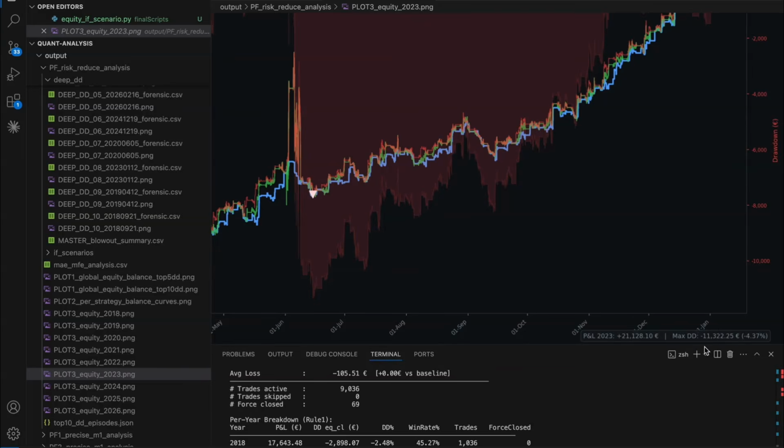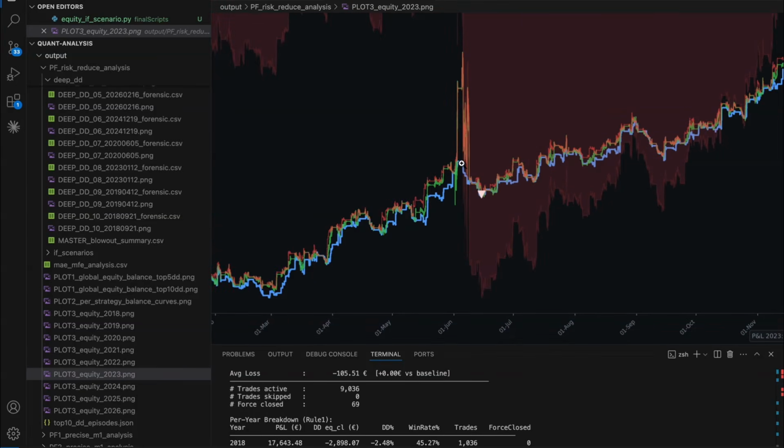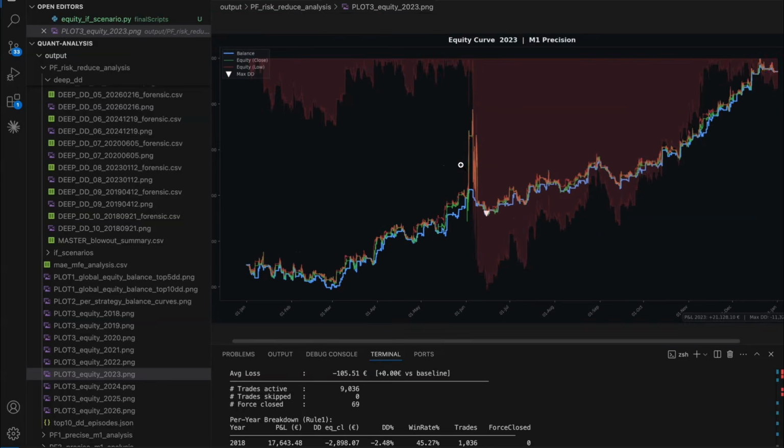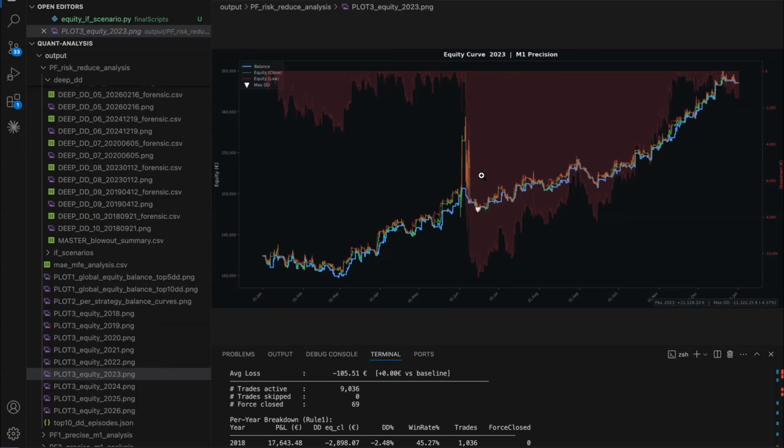Here it says 11,300, but from here to here there's another 3,000 euro loss. You just have to measure from this peak of the balance to this peak of the equity, so this is like 8,000. I measured that just to show you. So the prop firms don't really care about this.